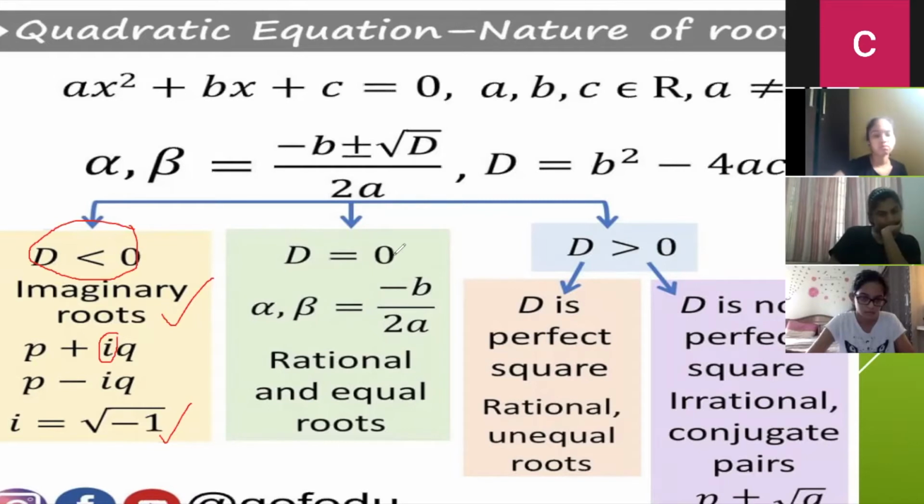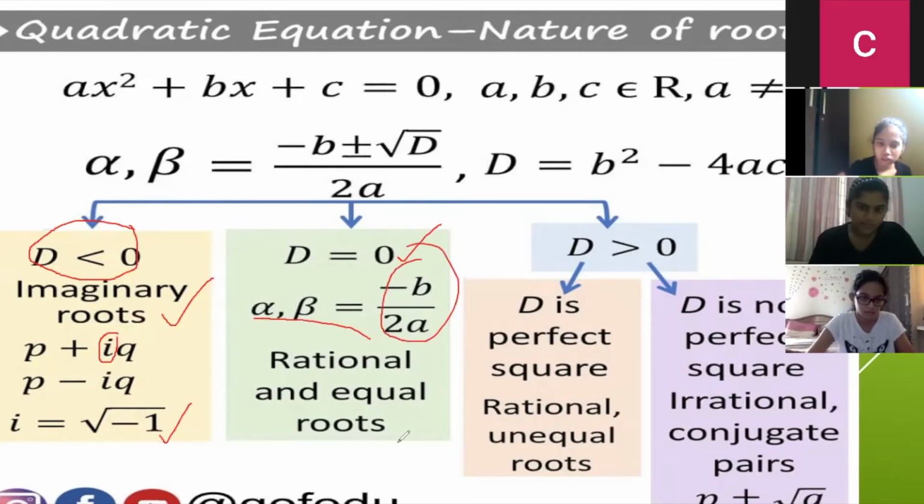So D is equal to 0: alpha and beta both are only one value. That is rational or equal roots. Equal roots, important. If D is greater than 0, there are two roots. If D is a perfect square, that means the D value is 16, or 25, or 100, like a perfect square, then the answers are rational numbers.